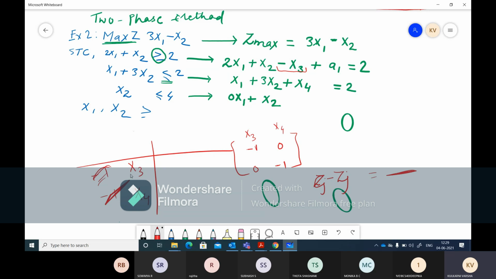To avoid getting an infeasible solution, we are adding this a1, an artificial variable, where the coefficient in the constraints will be 1. So our matrix will not be minus 1. When we use this artificial variable, our matrix will have the identity matrix with positive values, which will lead to the feasible solution.